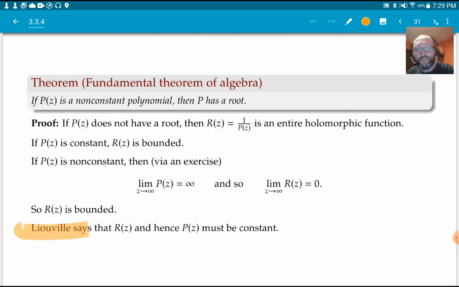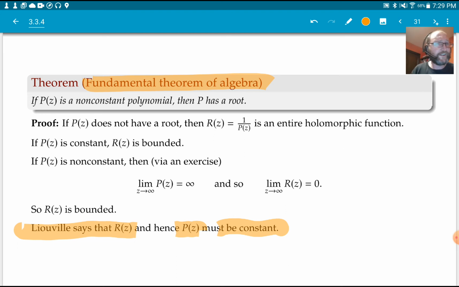Now Liouville says that 1 over P, and hence P, must be constant. So it's almost immediate. And then we got 3 fundamental results. Well, maybe one of them almost seems like from a different area of math, but this really is complex analysis.